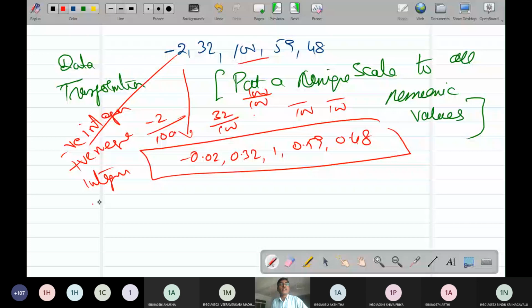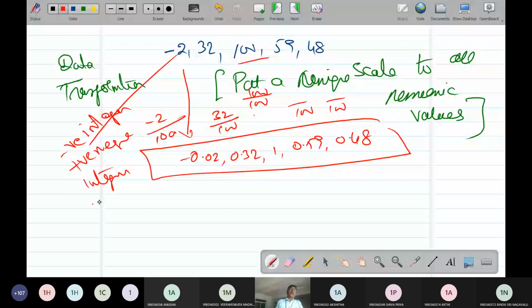After that, we were talking about different techniques or different tasks which are part of data pre-processing. One, data cleaning.